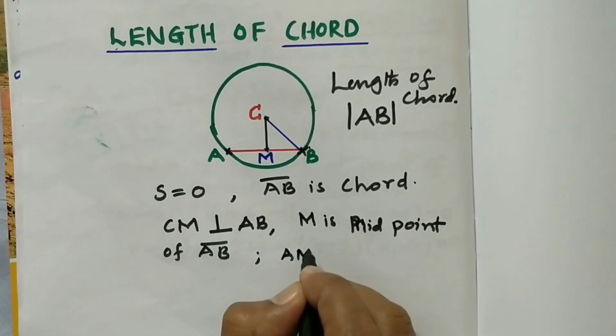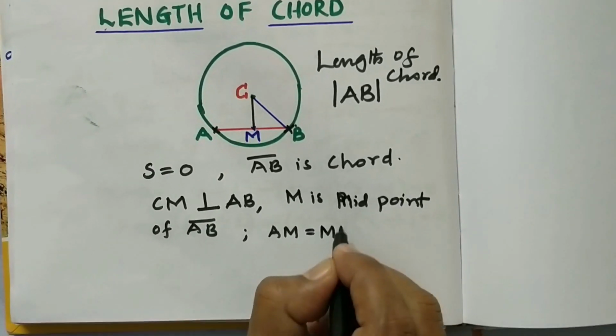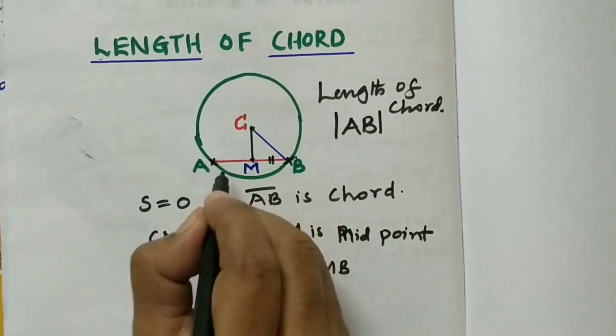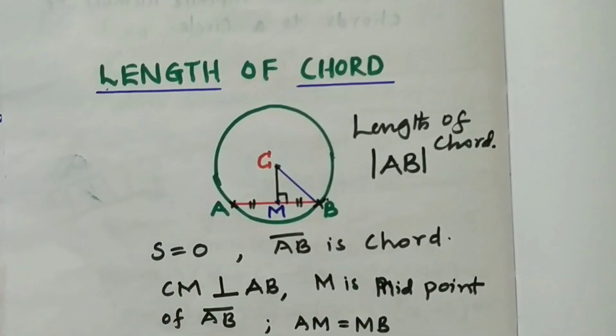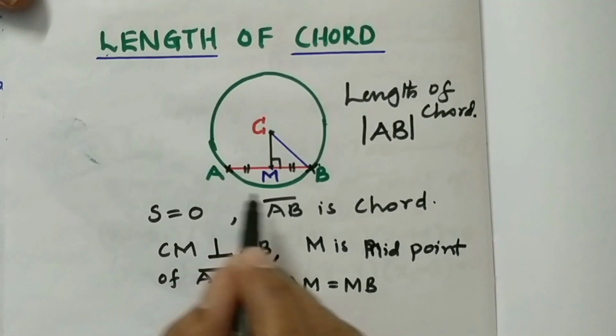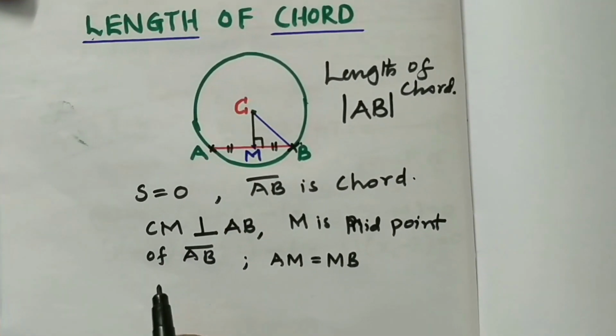And here you have the angle 90 degrees, because CM is perpendicular to AB. And this CB is equal to the radius of the circle.